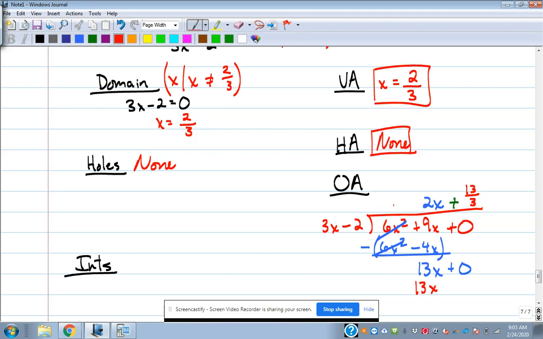It doesn't matter what -2 times 13 over 3 is. It's -26 over 3. But it really doesn't matter because what's left is the remainder. We've got what we want up here in the quotient. That's the only thing we want. Oblique asymptote, y equals 2x plus 13 over 3.